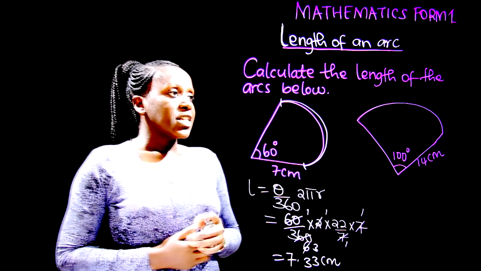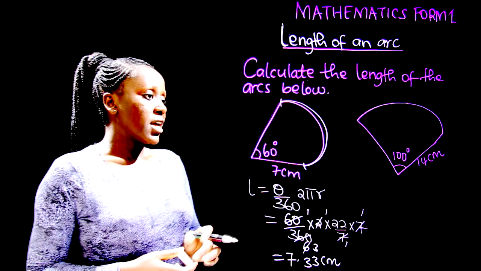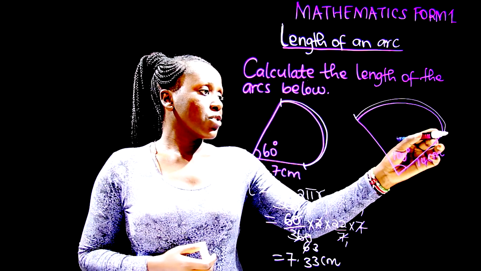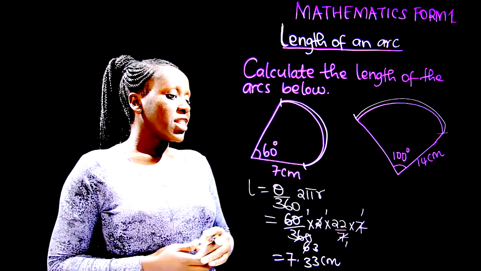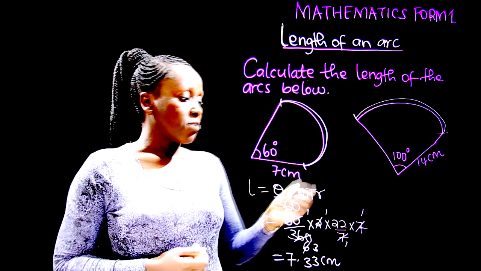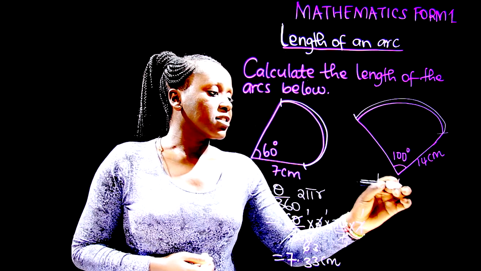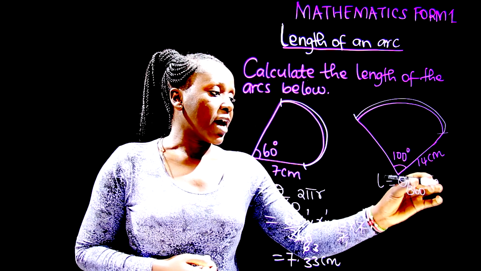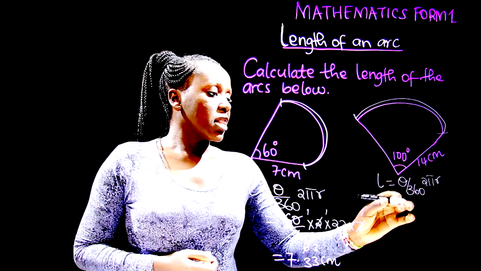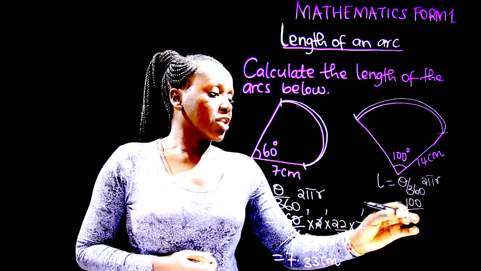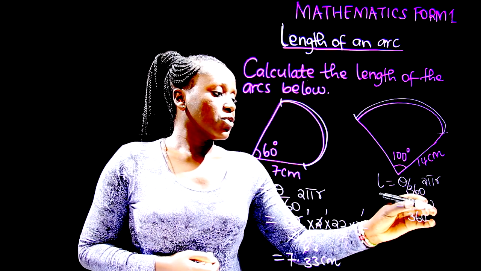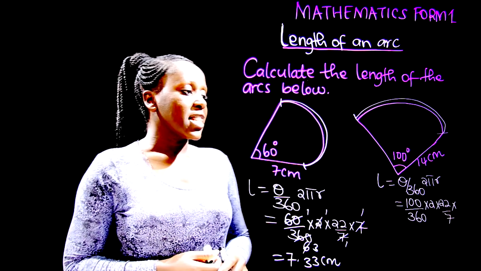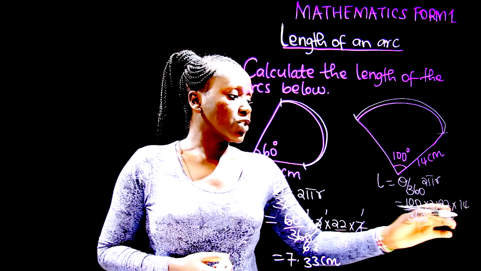Now next, we calculate the length of the next arc, which begins from here all the way to here. For us to get the length of that arc, we still use the same formula. Length of an arc is equal to theta over 360 times 2 pi r. So theta is 100 over 360 times 2 times 22 over 7 times the radius, which is equal to 14.